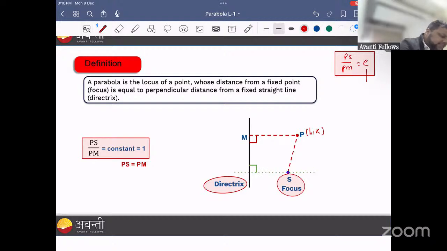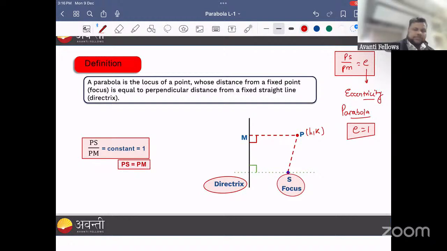This constant is what we call eccentricity. And in case of a parabola, this eccentricity e equals 1. So this is what we call PS equals PM.